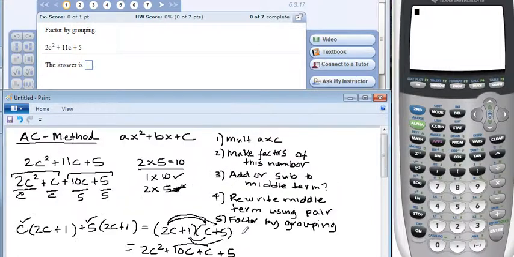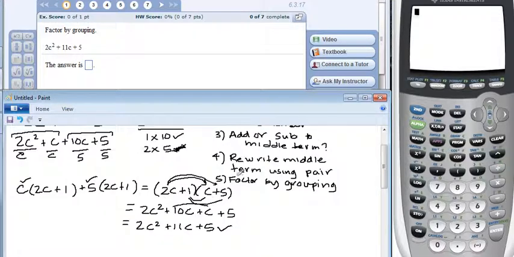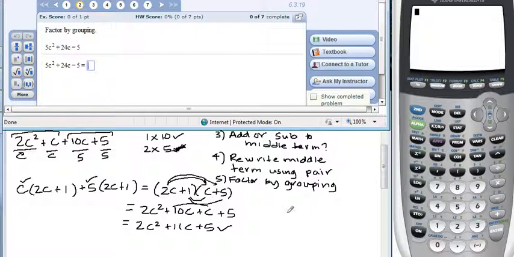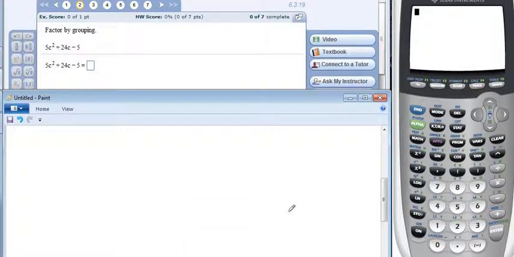So these are your directions, and it works for every one of these, no matter how hard they are. Some of you might have learned the trial and error method, and I think that's really an ineffective way of doing these. So, all right, let's try this one. Same stuff.